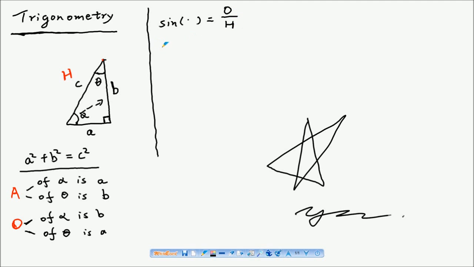Cos of an angle equals the adjacent line divided by the hypotenuse. The tangent of an angle equals the opposite divided by adjacent, or we can say it equals rise over run. How much it rises in the triangle, or the height of the triangle, divided by the base.